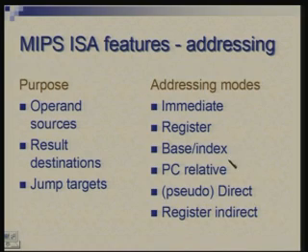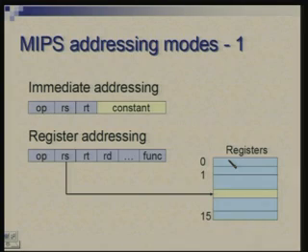Let me elaborate each of these. Immediate addressing mode is the one where a constant operand is put as part of the instruction, and we have seen this with a number of instructions. All the immediate versions of arithmetic or logical instructions like add immediate, okay.